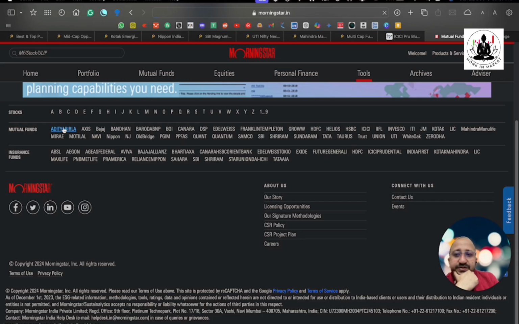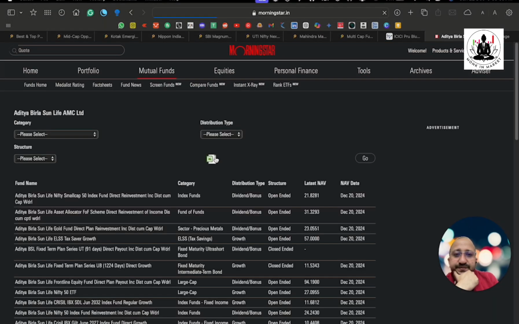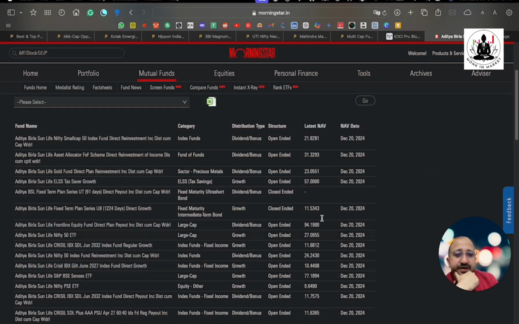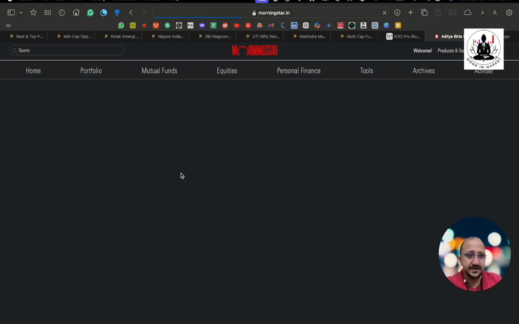Let's see Aditya Birla Mutual Fund. All the Aditya Birla Mutual Funds you can find over here, and you can do the research from here itself. So these are good websites. You just need to invest some time in these websites, guys. That's all. I hope this is clear to everybody.